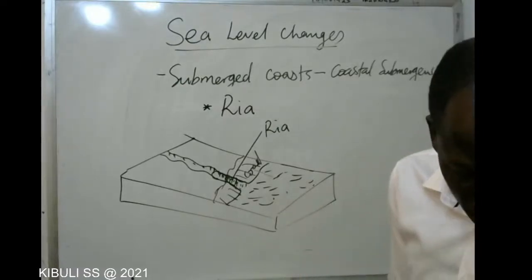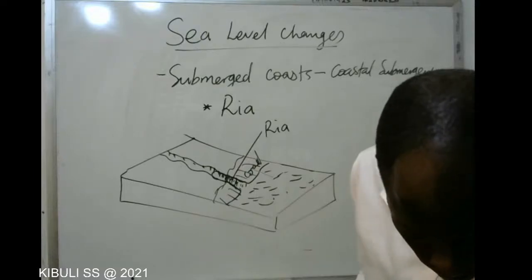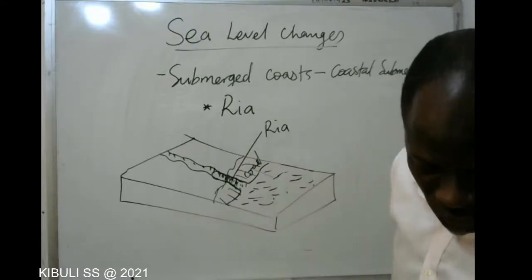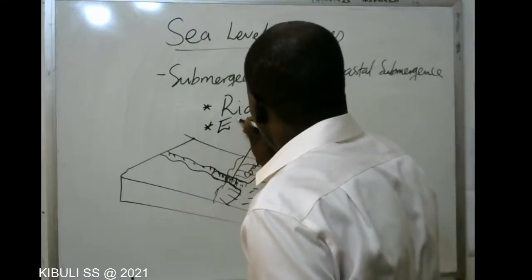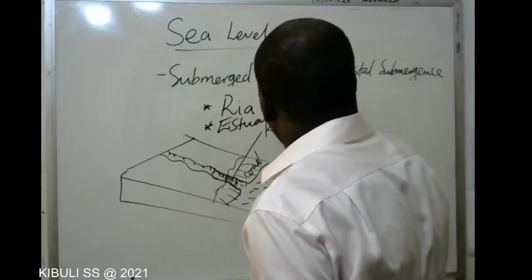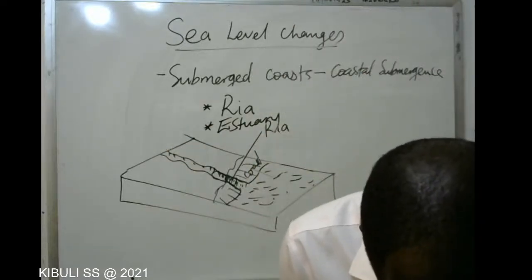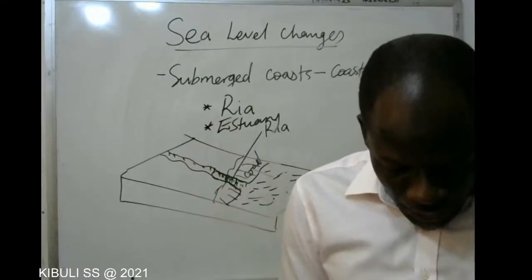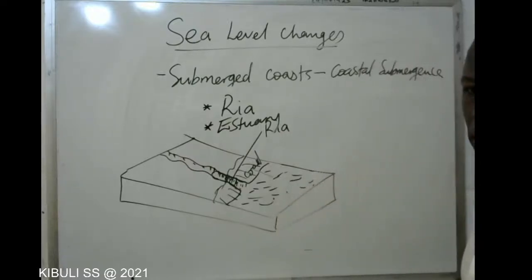Then the other feature also arising from a rise in sea level is called an estuary. An estuary is also a submerged or drowned river mouth with a V shape.